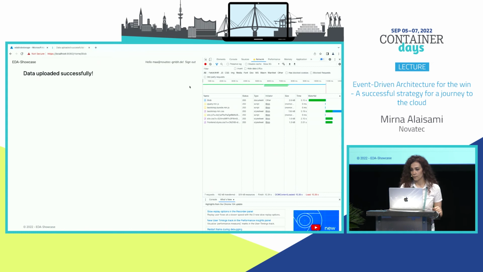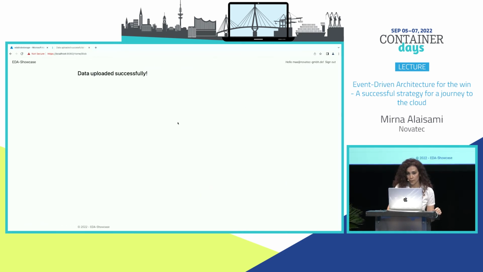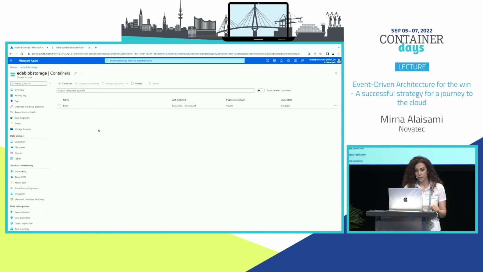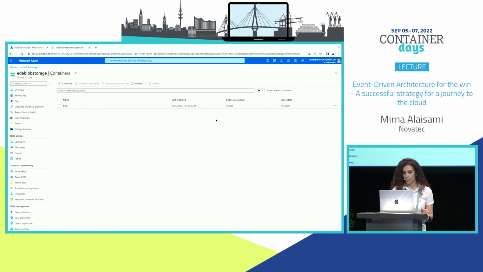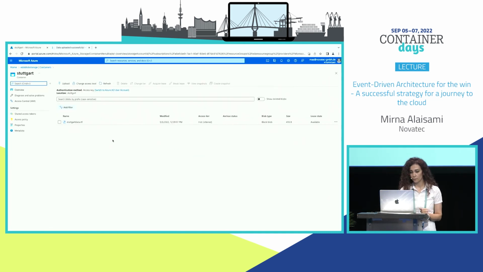I'm going to stop that here so that we don't take too long, and then go to our Azure Blob Storage and go to our containers and refresh that here. We can see that our data are already uploaded to our container.